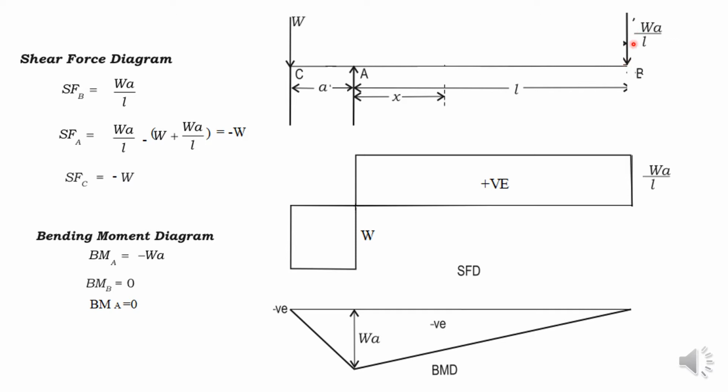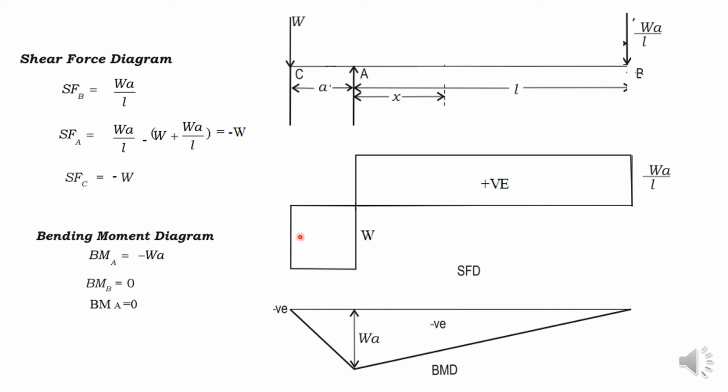At B you can see WA by L which is positive. Starting from this point it continues as a horizontal line up to A. At A you can see minus W plus WA by L, that is the reaction at A, so the net shear force at A will be minus W. Drop a line to the value of minus W here, and from A to C there are no loads acting.